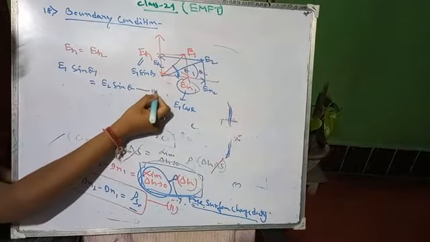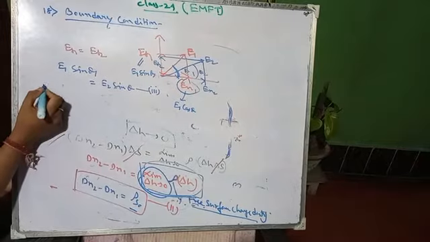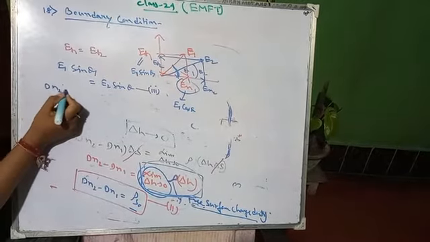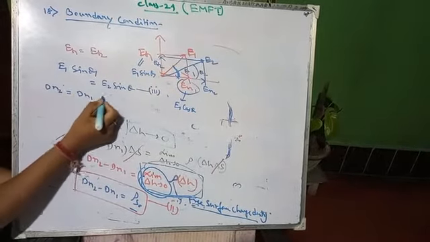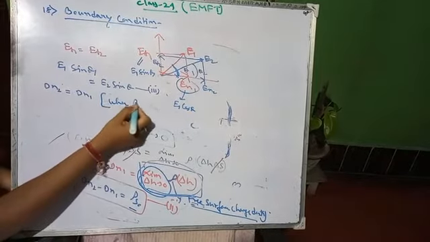Make it equation number 3. And now Dn2 equals Dn1 when rho is 0.